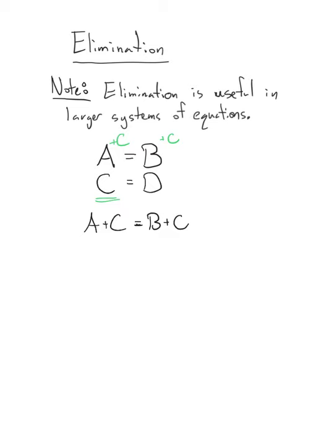C equals D. So maybe instead of adding C here, I'm going to change that to a D. So I get that A plus C equals B plus D. So what did we do? Well, we just added the left-hand sides and the right-hand sides together, and we still have equality, which is really cool.